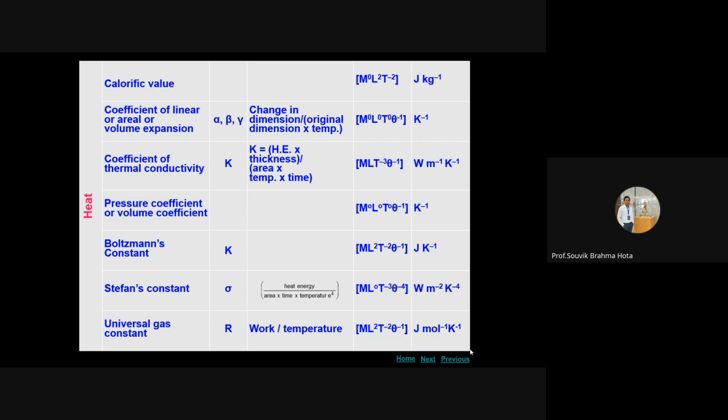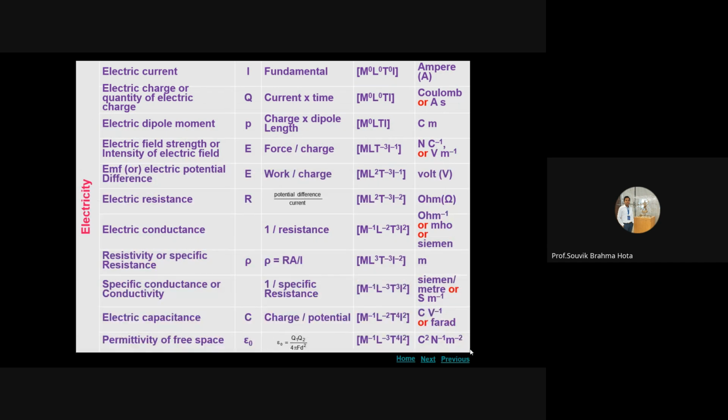Then coefficient of linear expansion, Stefan constant, Boltzmann constant, and universal gas constant. The last ones, K, sigma, and R, are all important. In electricity, the permittivity of free space, electrical capacitance, and electrical resistance are repeatedly asked.